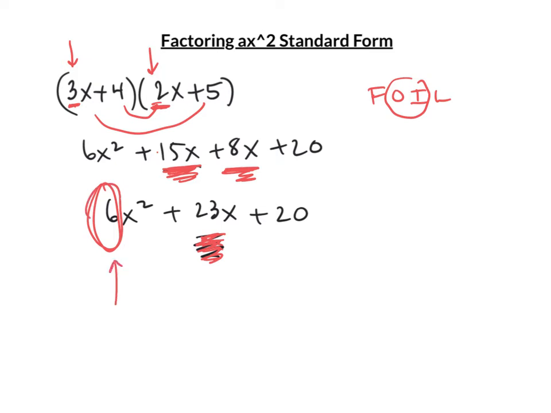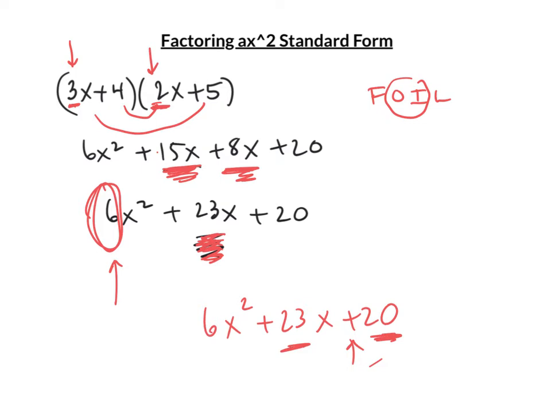So the factors of the number in front help create the middle term, which means, in this question, 6x squared plus 23x plus 20, you can no longer say factors of 20 that add to 23. It's really factors of 6 and 20 and a combination that adds to 23.